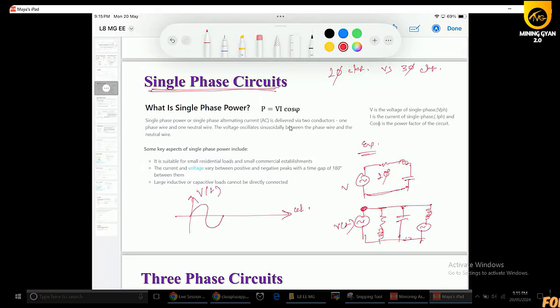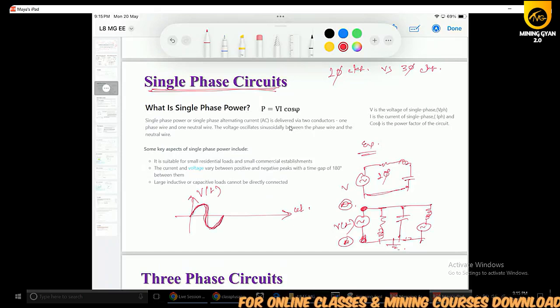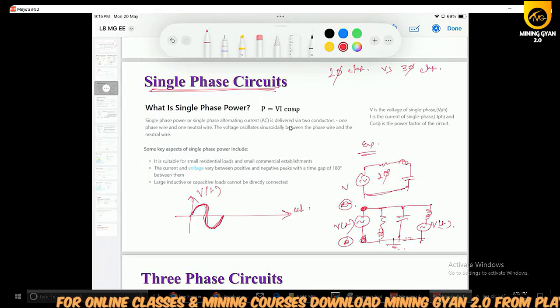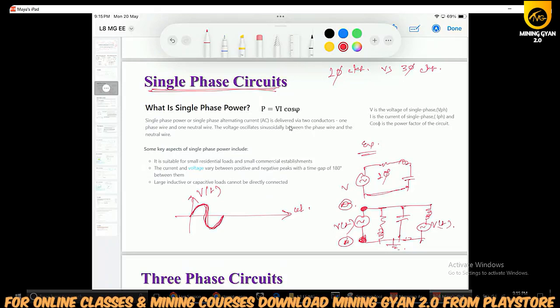This node is at a higher potential, and this node is at a lower potential, meaning it is grounded. So there is only one voltage source, and there is no phase difference between these two terminals. The potential difference between these two is Vt only.